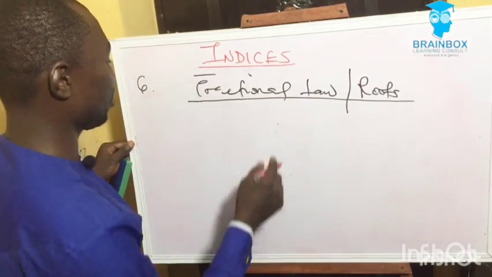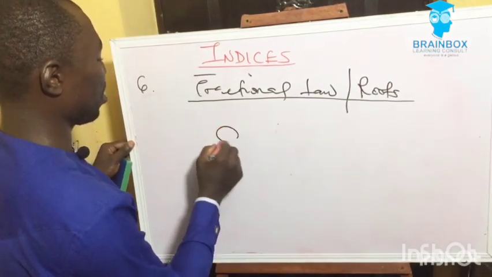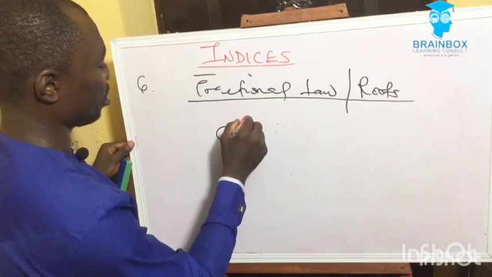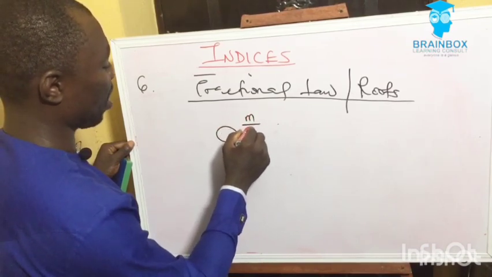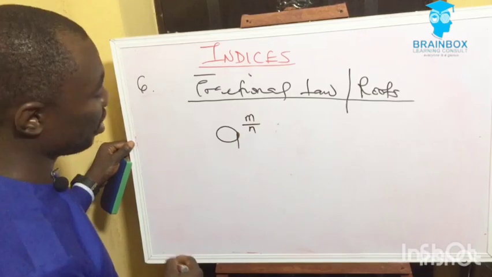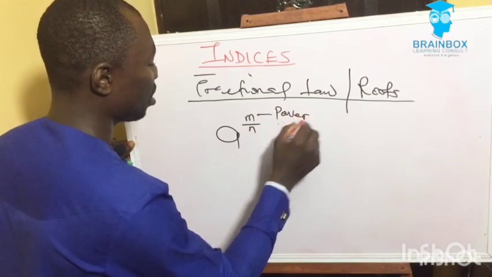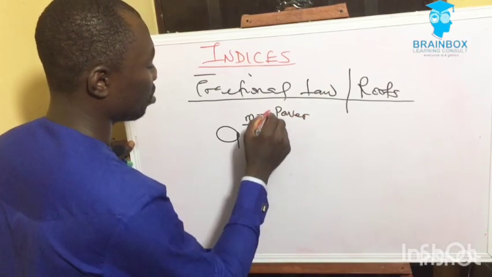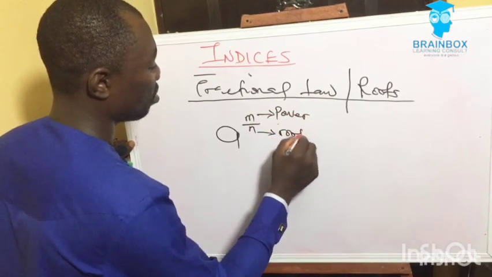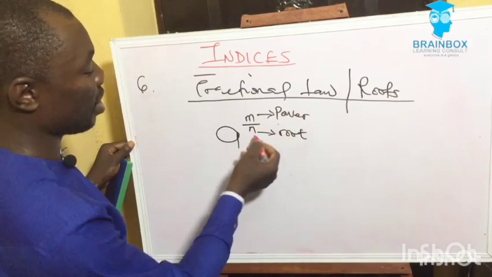For instance, we're having a raised to the power of m over n. Now, this is the power, this is the root.